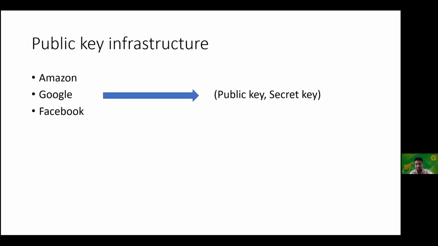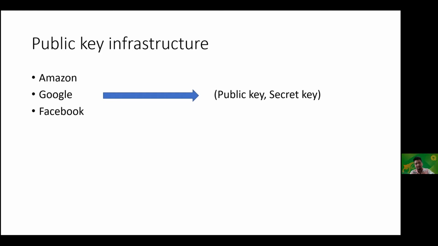So how does that happen? All the major service providers, Amazon, Google, Facebook, Lazada, and even if you open a website for yourself and you want a secure website, you will also have to register yourself with this public key infrastructure. And then there are certain protocols, they will ask you to generate a public key and a secret key, and you will secretly generate it.